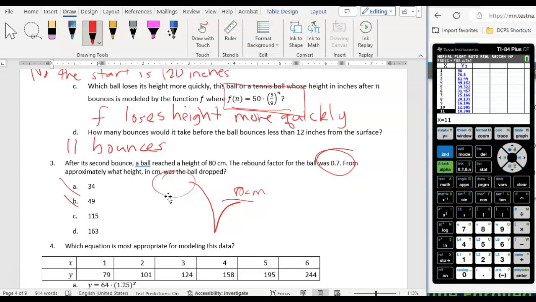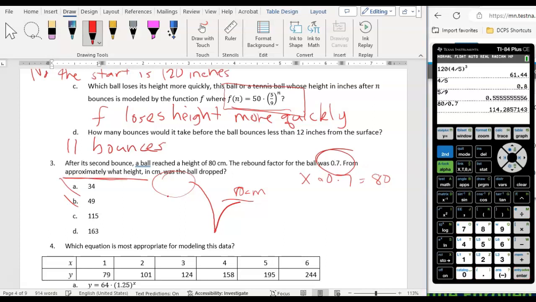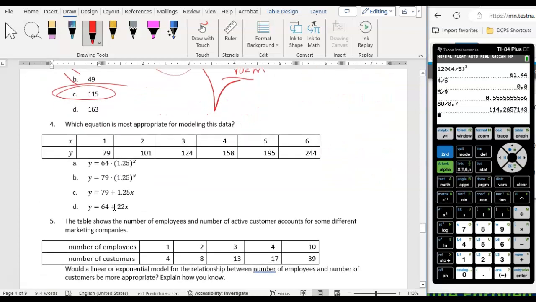Well, our rebound factor is 0.7, which means we're multiplying the original height times 0.7 to get to 80 centimeters. So if we do 80 divided by 0.7, that's going to give us 114.2. So if we're thinking about approximately what height, 115 would be our closest value.